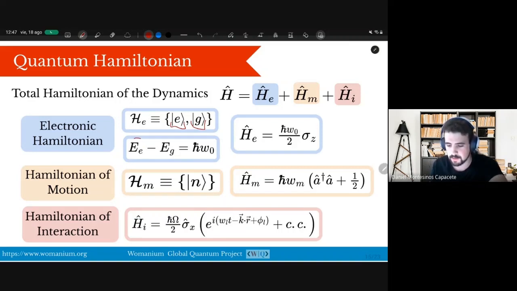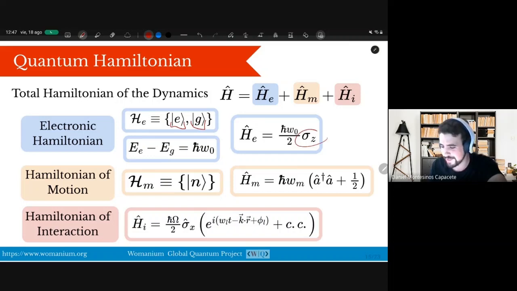So let's say that this is the energy level of the excited state, this will be the energy level of the ground state, and this will be the frequency that you use in order to get from one level to another, right? And this is just the h bar Planck constant. So this Hamiltonian, taking into account this energy difference, will be this one.